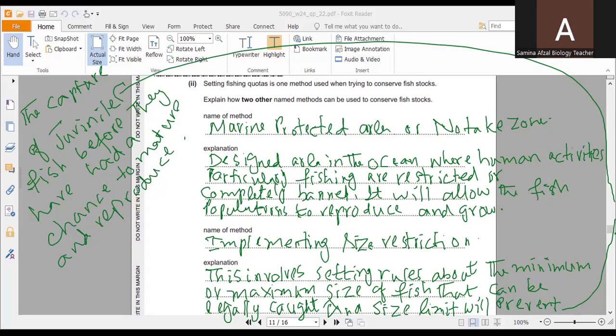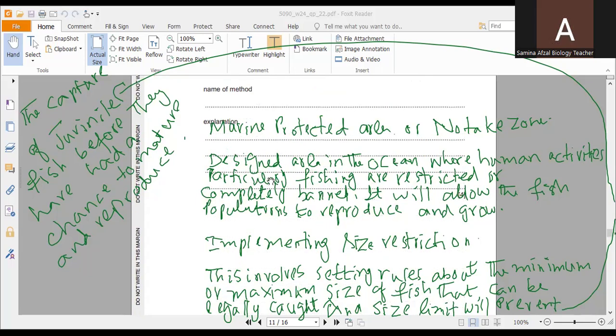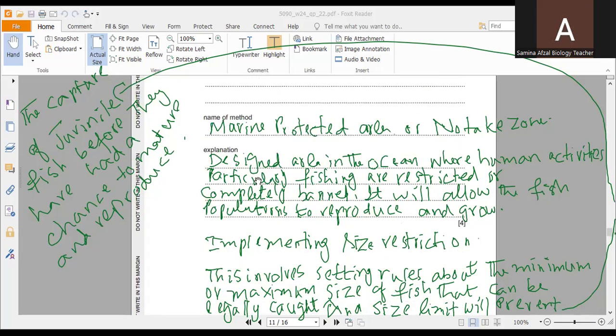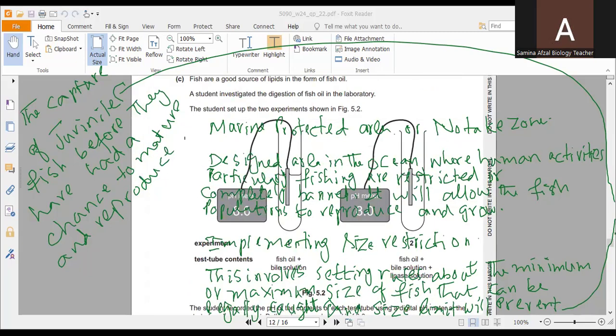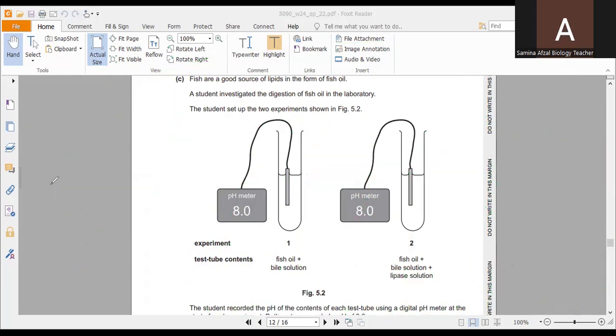So moving towards the next question, part C. Fish are a good source of lipids in the form of fish oil.